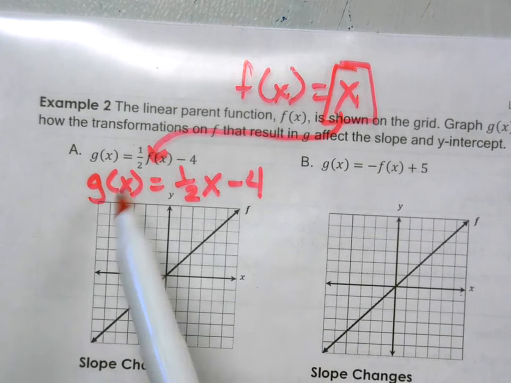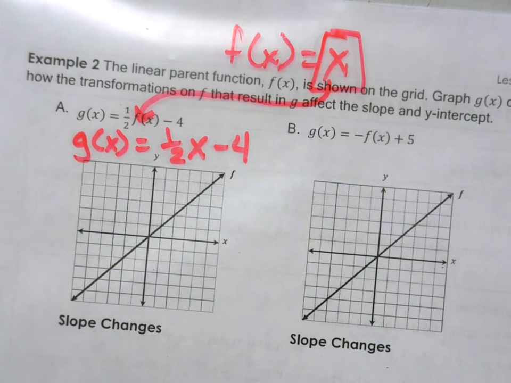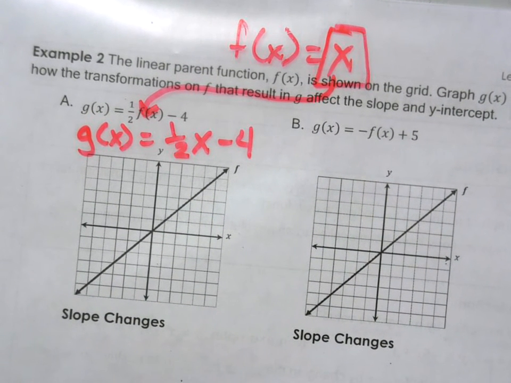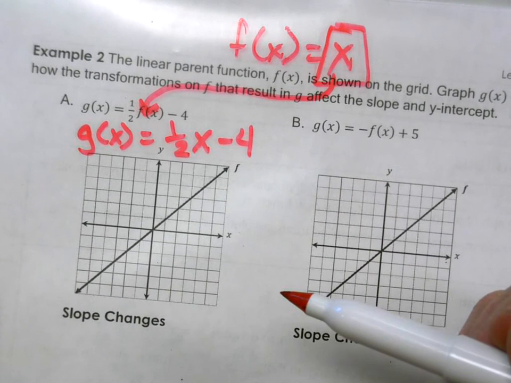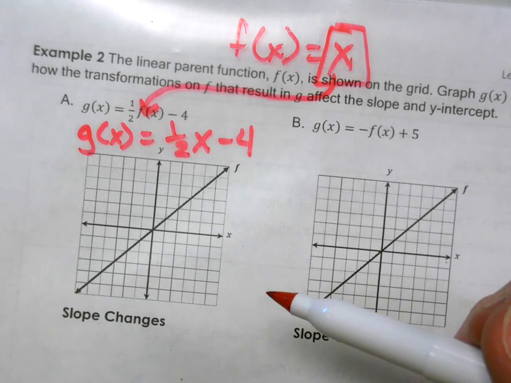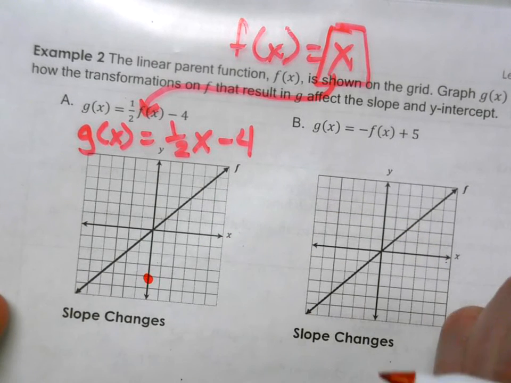Do I know how to graph this now? Does that look more familiar? Yes. So where am I going to start? At -4, at my y-intercept of -4.